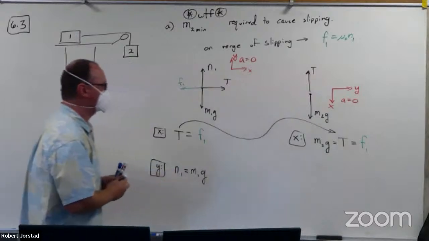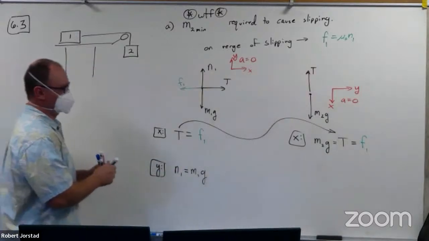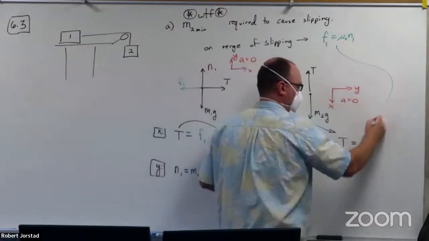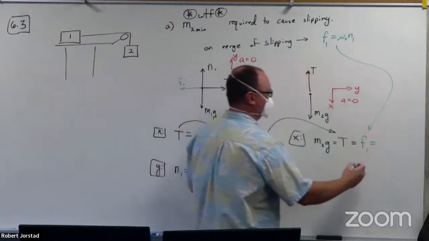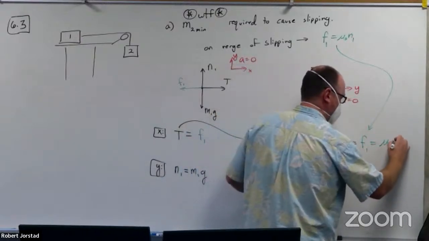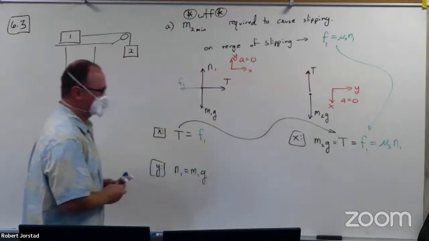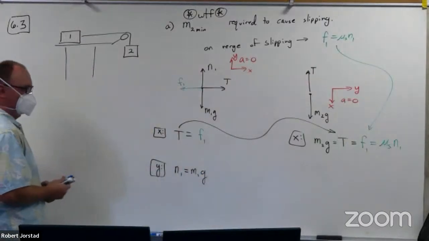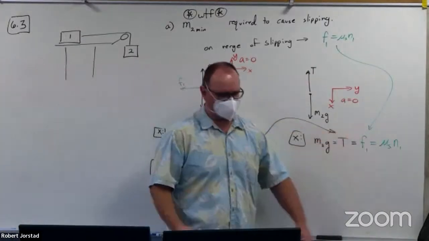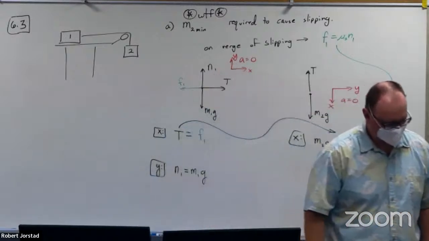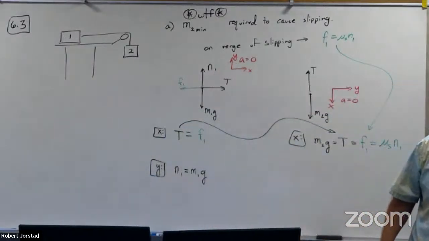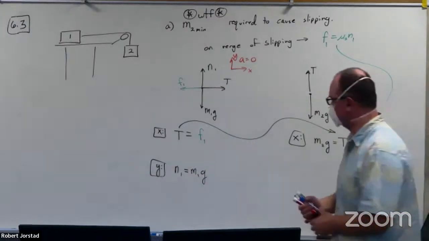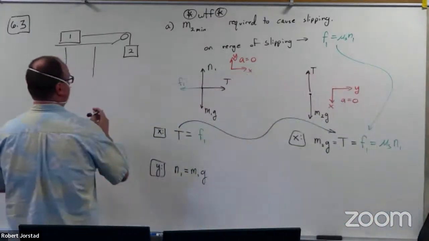Crap, I don't know what F1 is. Well, I can take this equation and plug that in. That's mu static M1. Shoot, I know M1. Do I know the mu's in this problem? Yes, it says the coefficients are mu static and mu kinetic. So those coefficients are set in the problem statement.